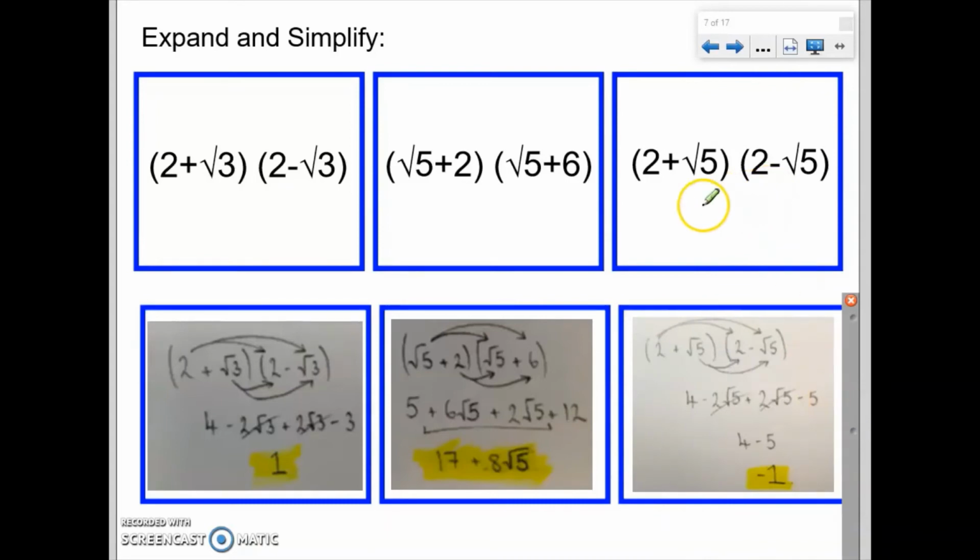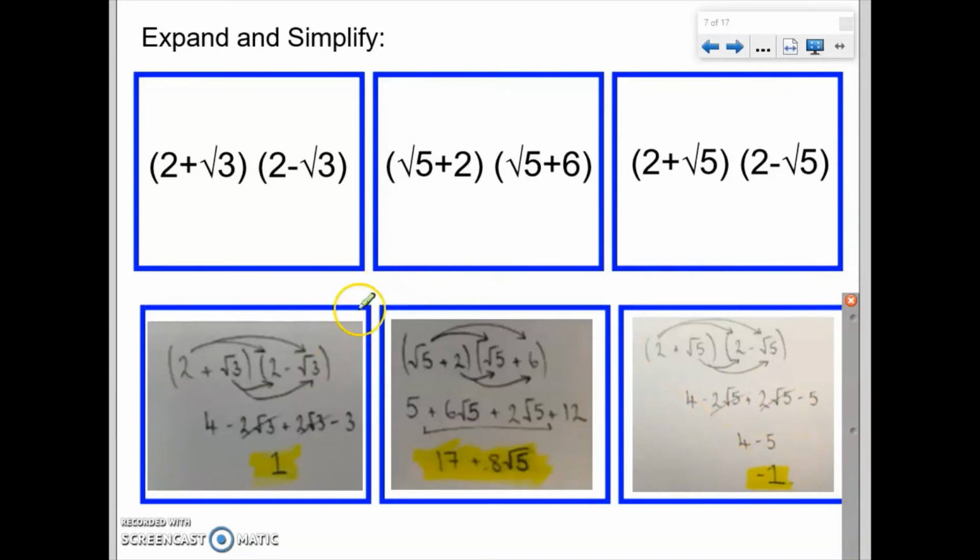Okay, so it looks like this. So I go ahead and do my 4 multiplications, leaves me with this as my line of method, minus 2 root 5s, add 2 root 5s takes me to 0. So again, my root 5s in this question are removed, leaving me with 4, take away 5, which leaves me with -1 in this question.